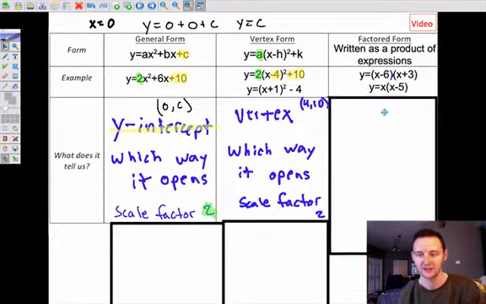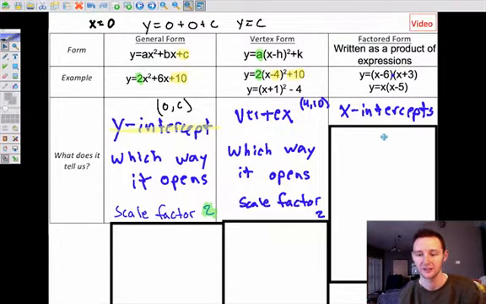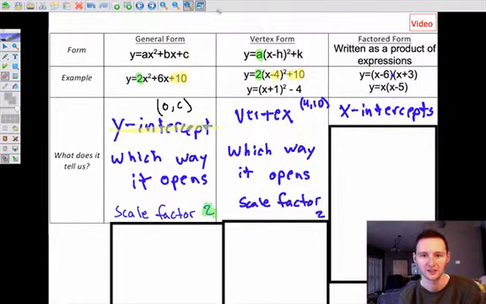The first thing that this tells you are the x-intercepts. If you look at this first example, x minus 6 and x plus 3, an x-intercept occurs where y is 0.